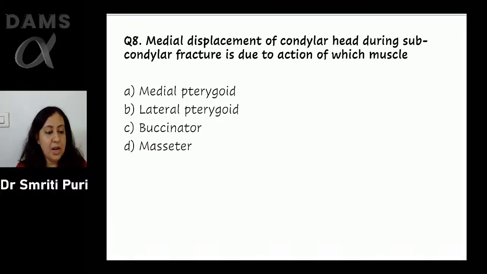Coming to question number 8. Medial displacement of the condylar head during a subcondylar fracture is due to the action of which muscle? A, medial pterygoid, B, lateral pterygoid, C, buccinator, D, masseter. Very simple question. I want all of you to answer. Come on, everyone.